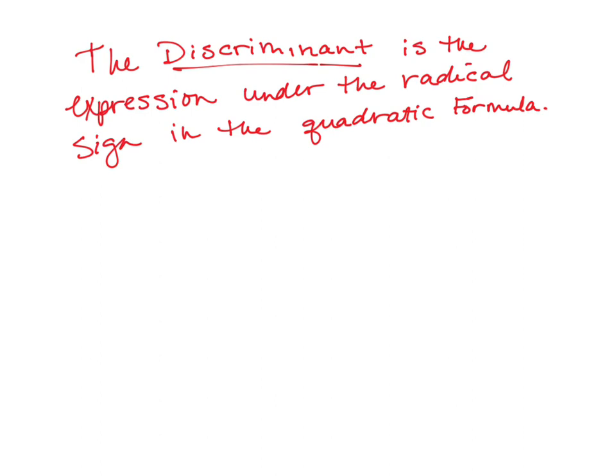It's this portion right here: B squared minus 4AC. That's the discriminant.